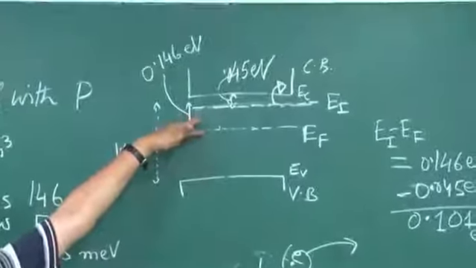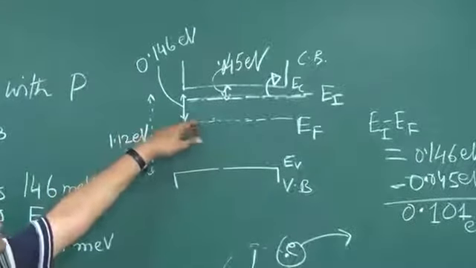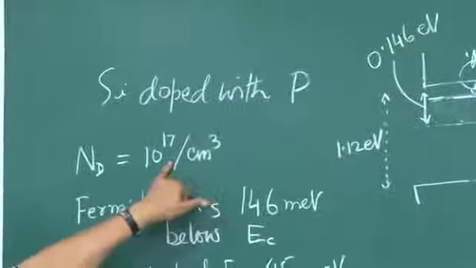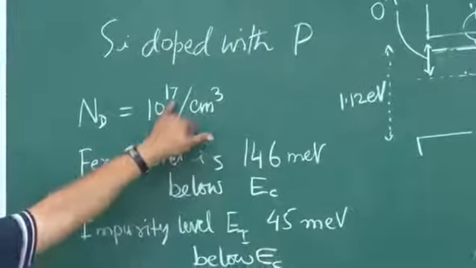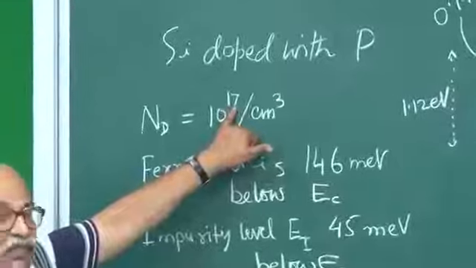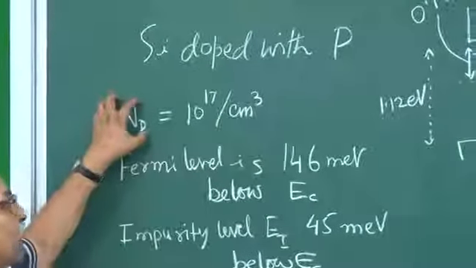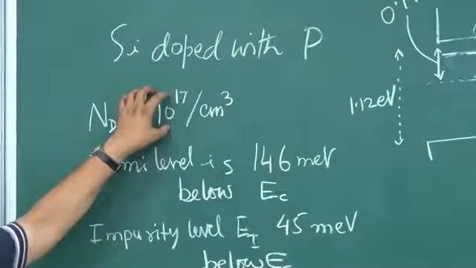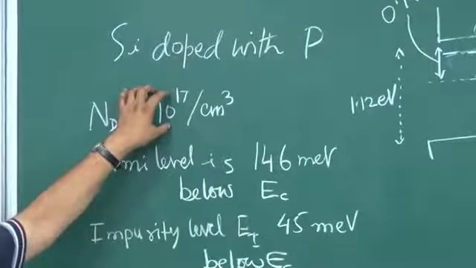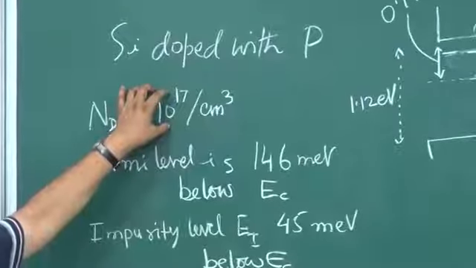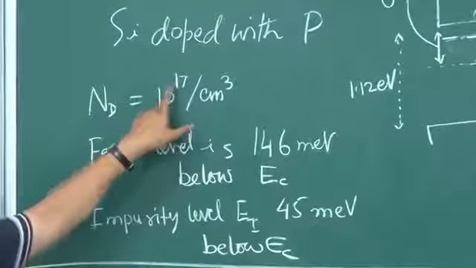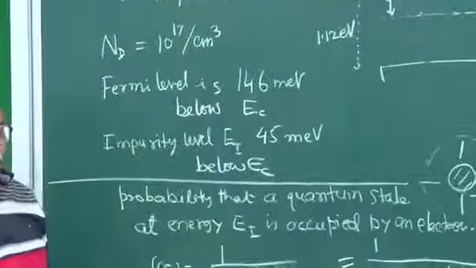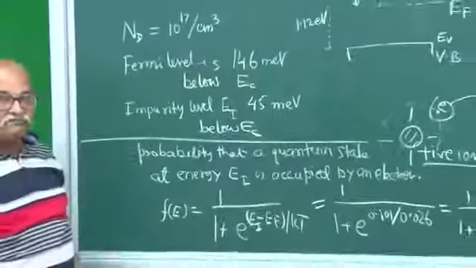But how many quantum states are there? The number of quantum states is 2 into 10 to the power 17, because of spin up and spin down. You have these many donor ions, but an electron with spin up is a different quantum state, and an electron with spin down is a different quantum state. So the total number of quantum states is 2 into 10 power 17 per centimeter cube, and you have this probability of each quantum state being filled.